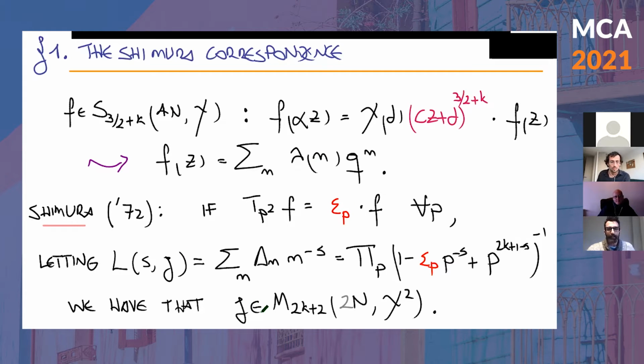So he defines g as the modular form which has this L-series, and he proves that g is actually modular, with level the level of f divided by 2, and the character is going to be raised to the square. Well, this is pretty much all we need from Shimura.